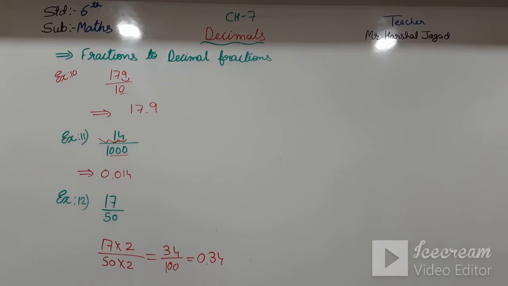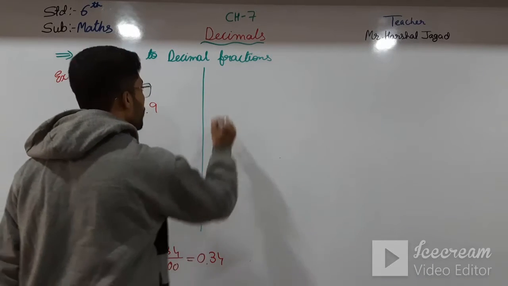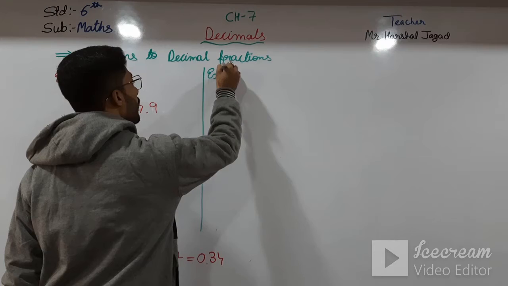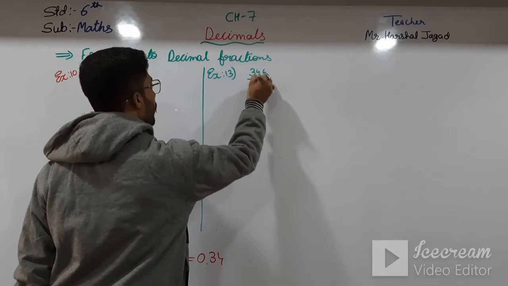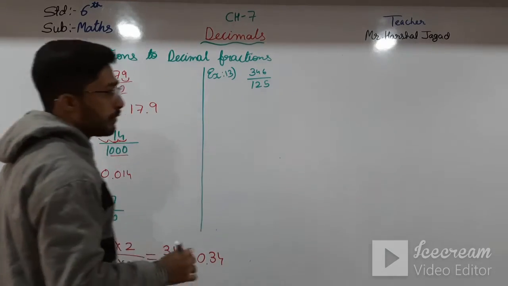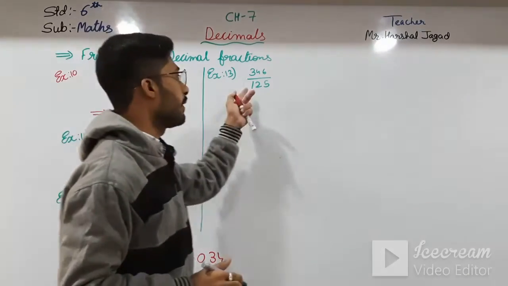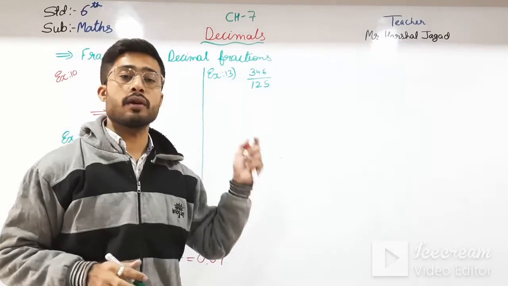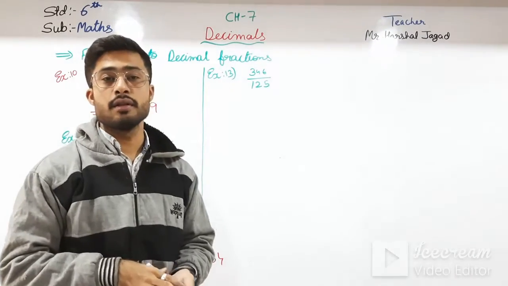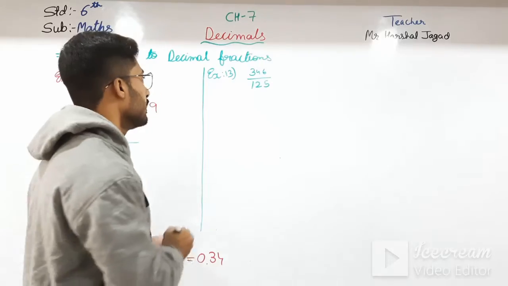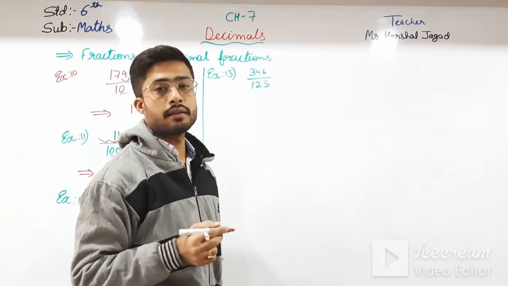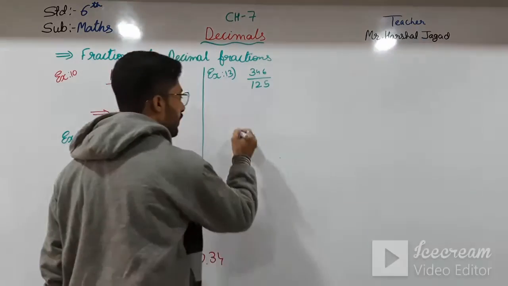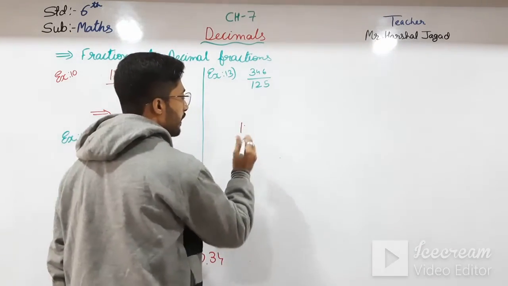Then another one, example number 13, that is 346 upon 125. So here it is 125, and we have to convert this into 1000. So how will we convert this? 125 into how much will give 1000?